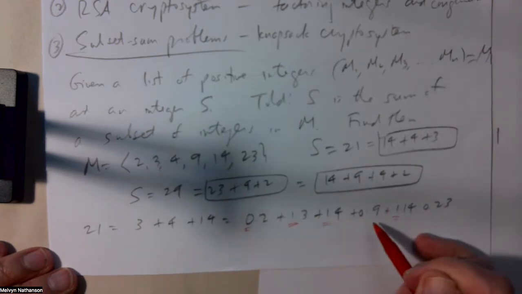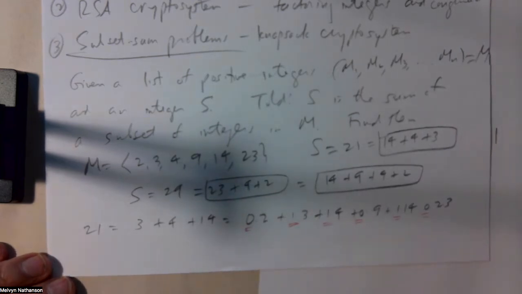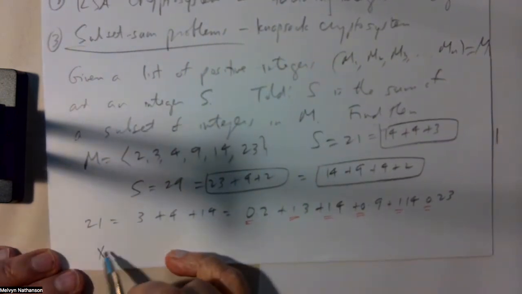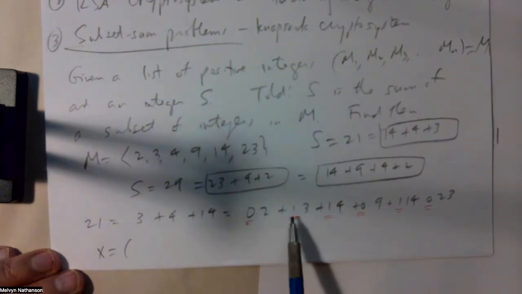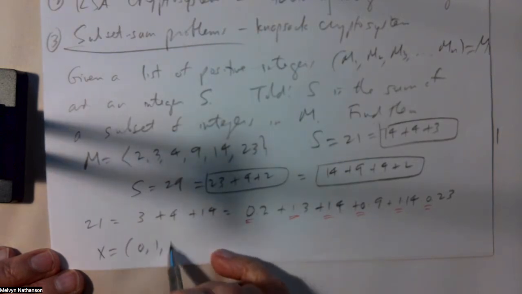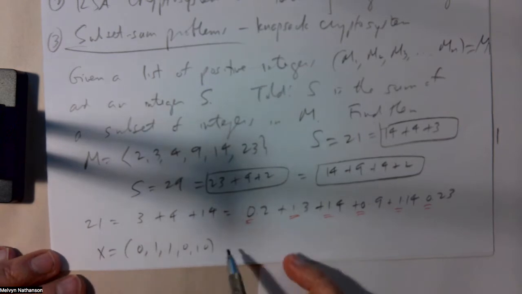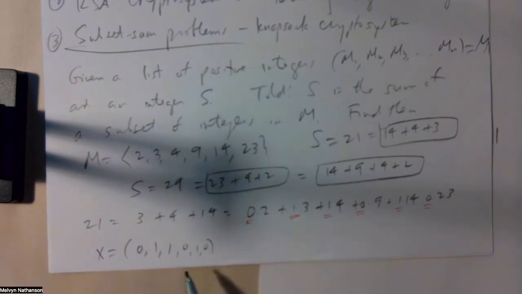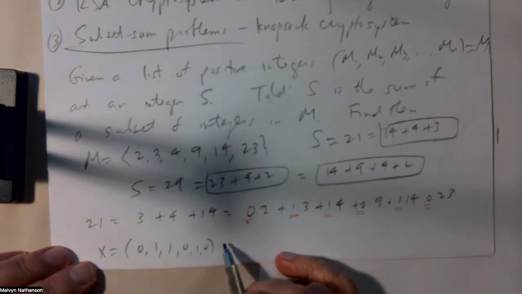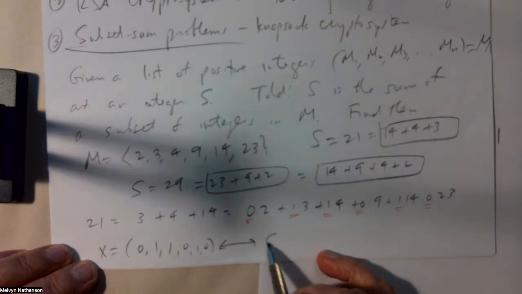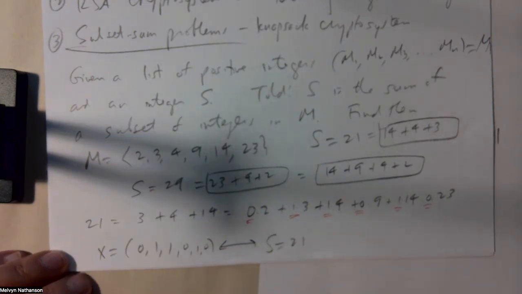If I look at the sequence of zeros and ones, and let X be this sequence, 0, 1, 1, 0, 1, 0, this binary sequence corresponds exactly to this subset sum to the number S equal 21.